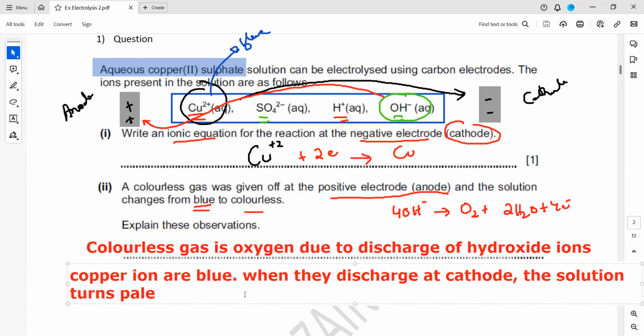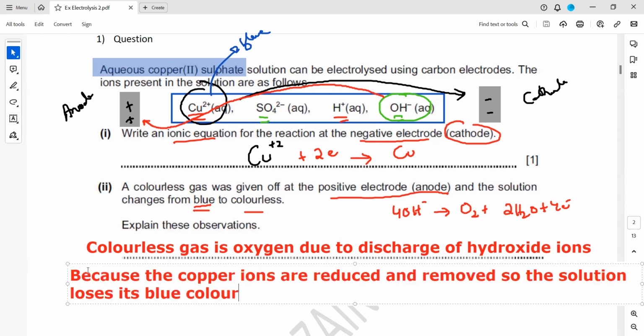You can also mention the reduction, because the copper ions are reduced and removed from the solution, so it loses blue color. So both ways are correct. You can mention any. Is it clear, this one? Anyone having a doubt or a question till this point?